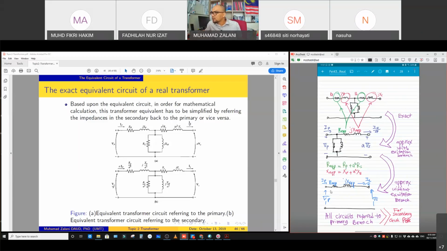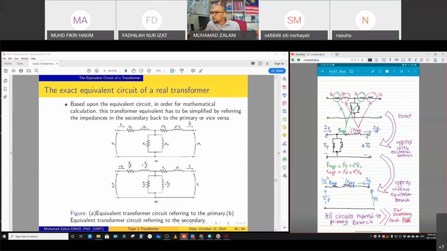So we just eliminate this one in the equation at the bottom. Okay. So this is the approximate equivalent circuit that neglects the effect of the parallel branch, which is the effect of the hysteresis and eddy current losses. So we can do something like this.